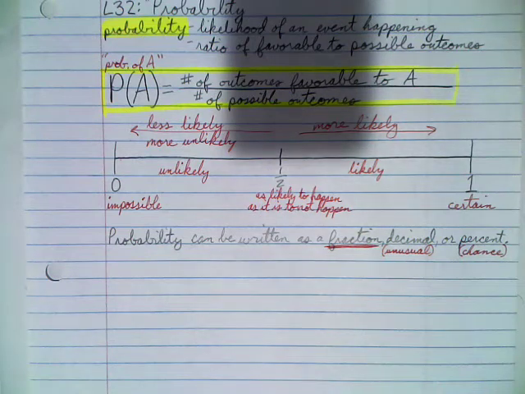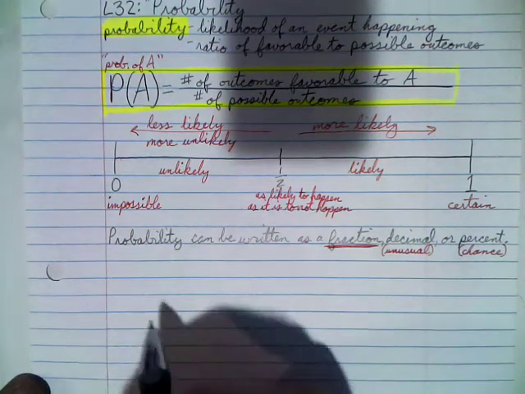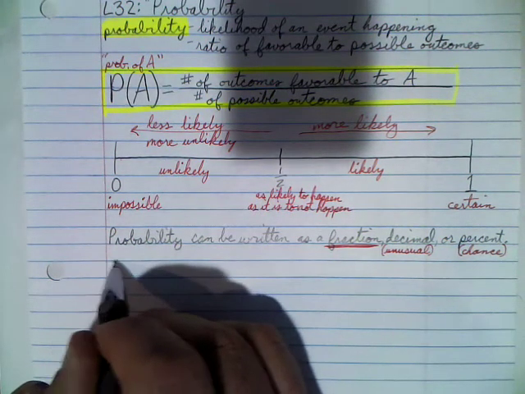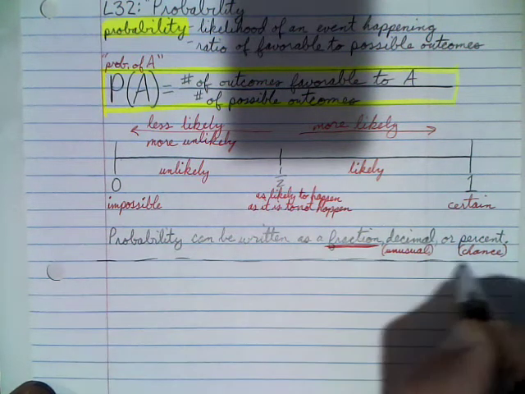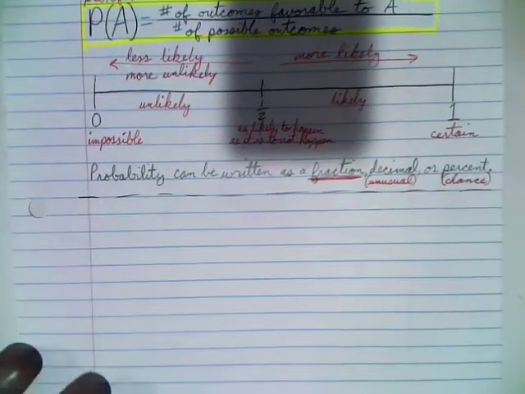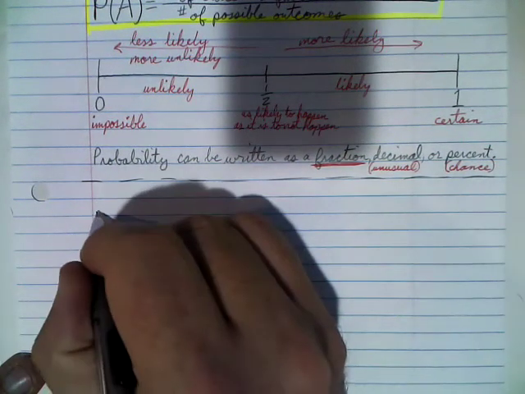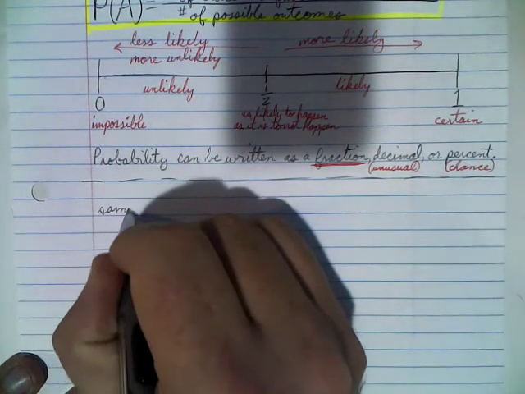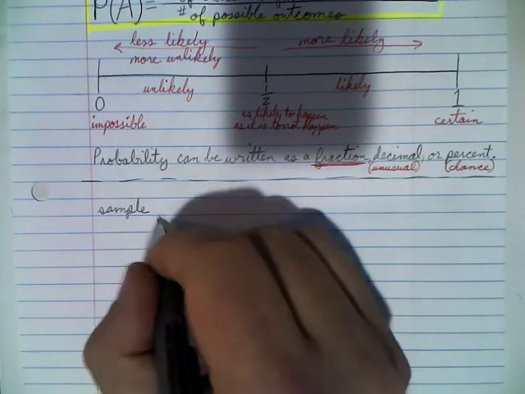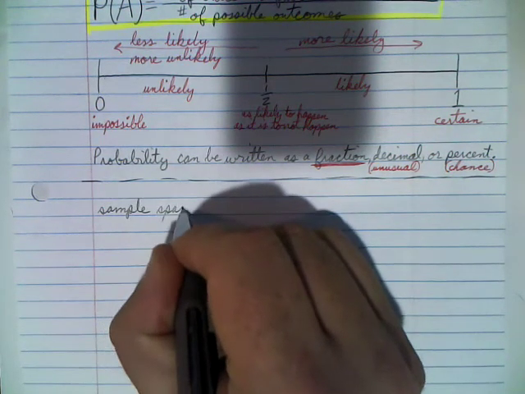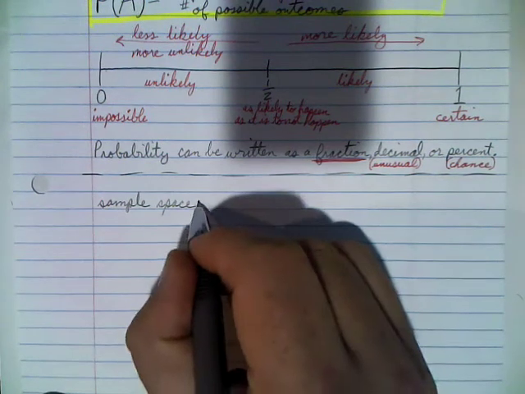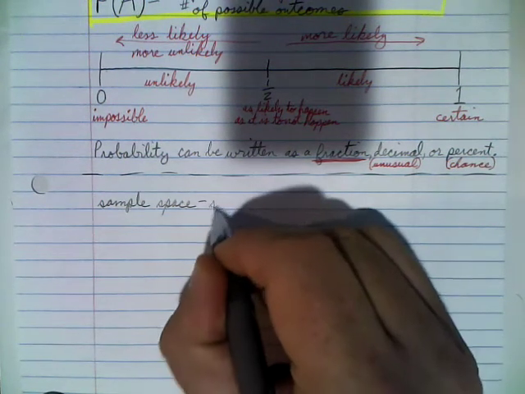So with this basic here, we're going to move on to another of our fundamental basic pieces, and then we'll actually get to finding some probabilities. Before we get there, though, I want to address one more vocab term called a sample space. You should have learned about this in previous classes. The sample space is the set.